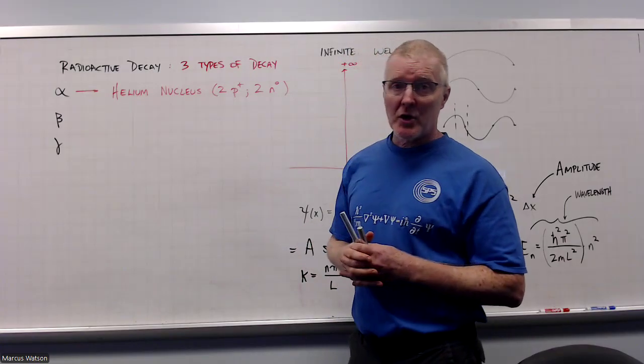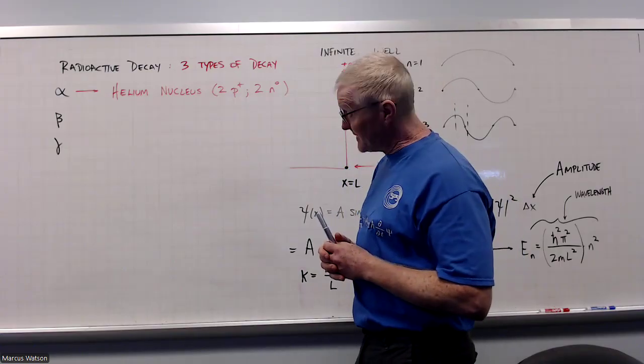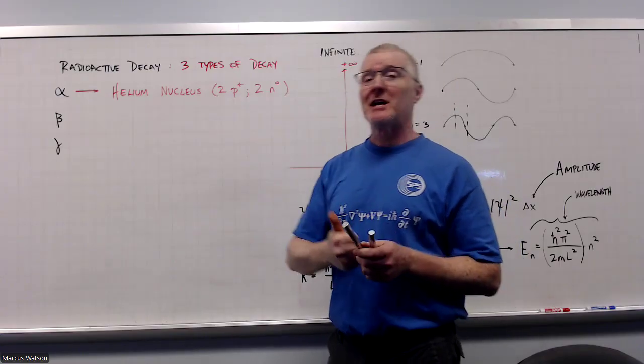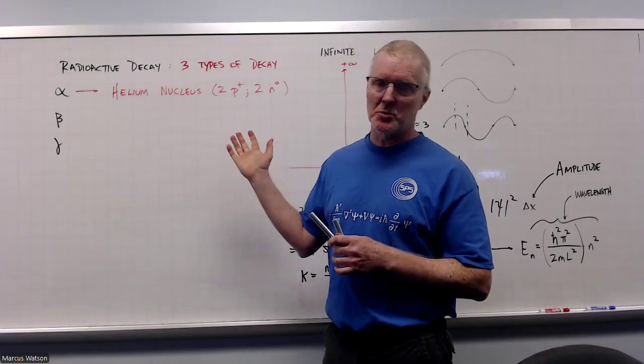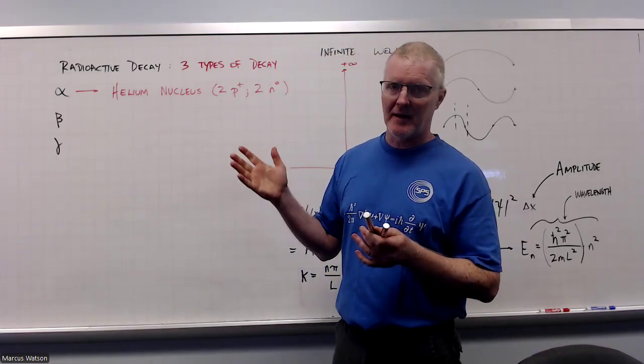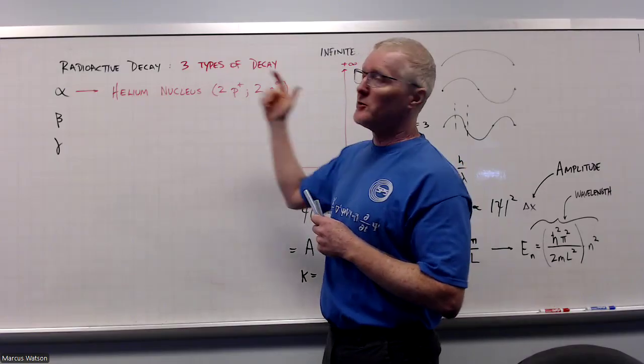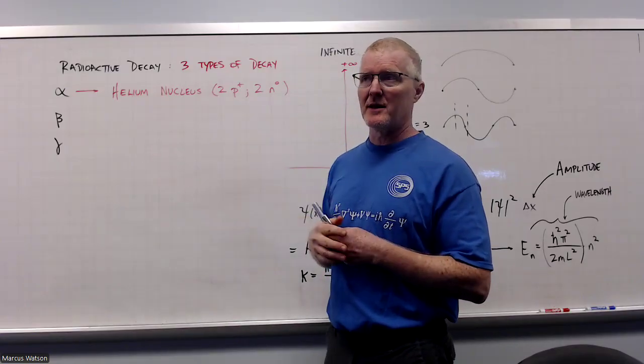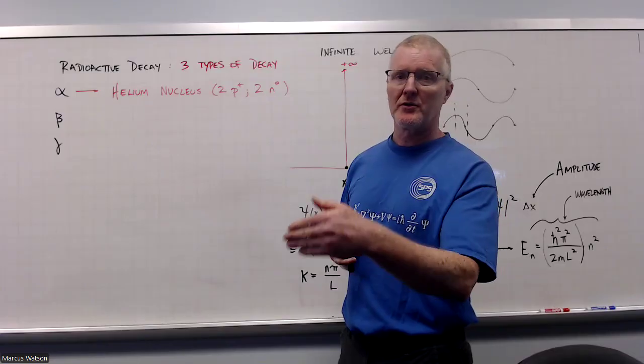Therefore, if something undergoes helium, or I should say alpha decay, then what happens is it ejects 2 protons and 2 neutrons, but those don't count in the periodic table reckoning. And therefore they move down 2 spaces.